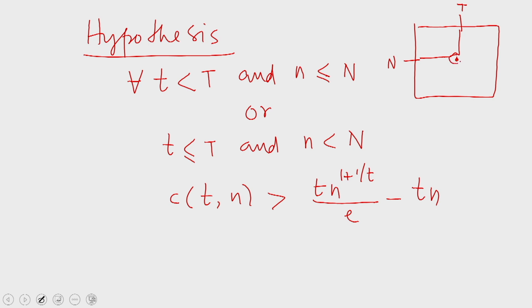That is what we want to establish. That is, we consider the rectangle of size n by t, then here all nodes except the bottom right node satisfy the hypothesis, is what we have assumed.